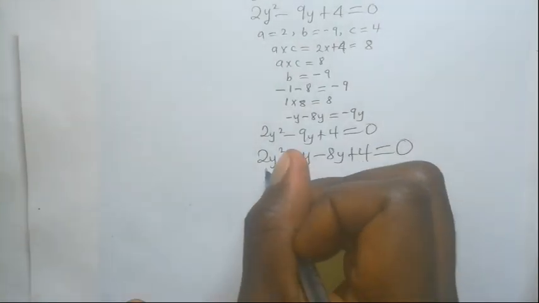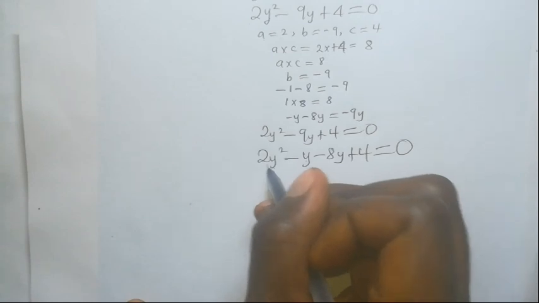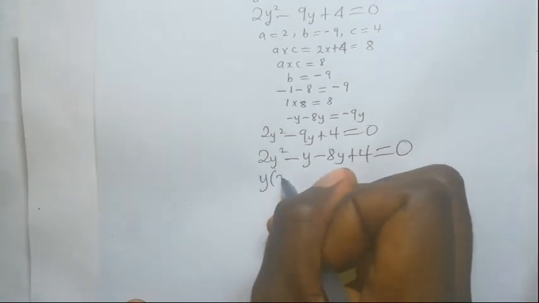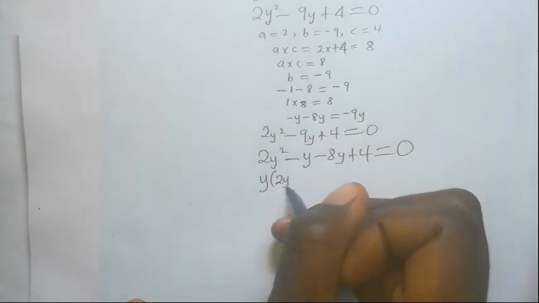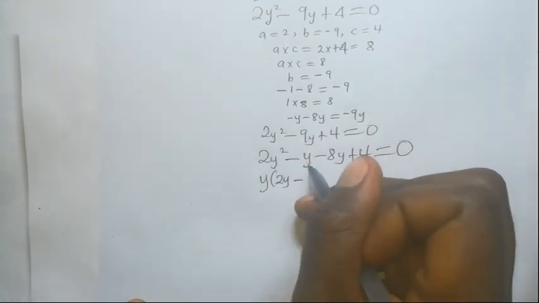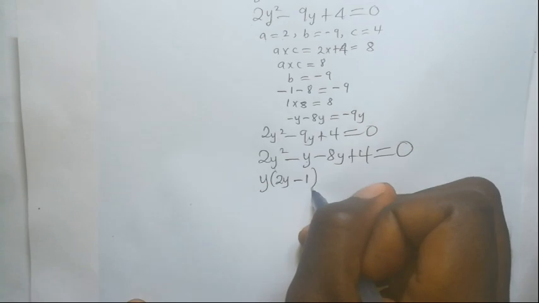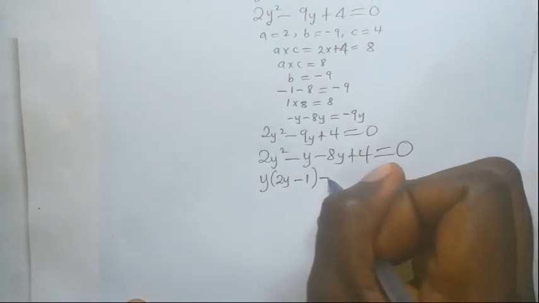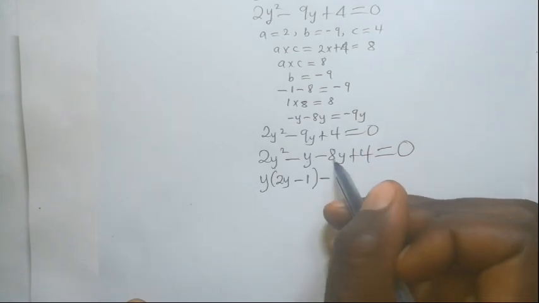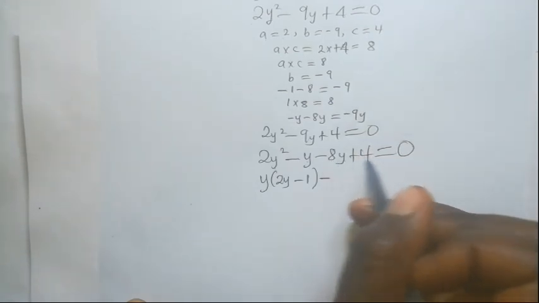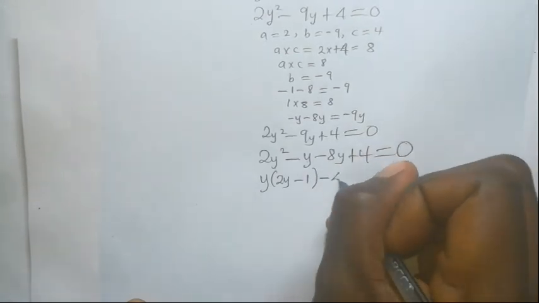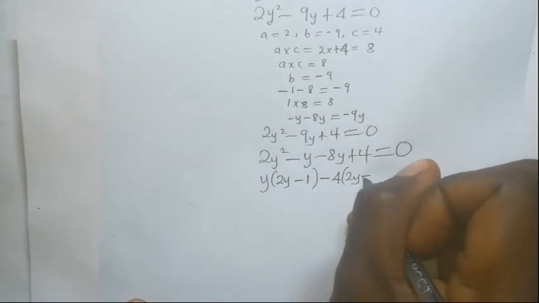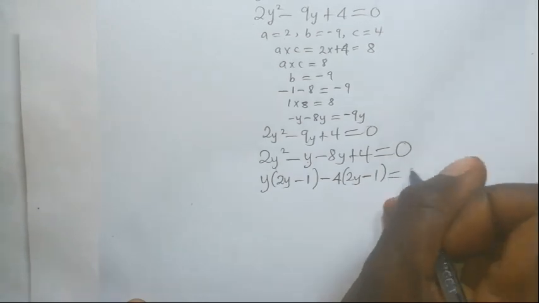You see, we have y, so we can factorize y out here. So here we have 2y, because y times 2y gives us this. What is left here should be 1. We now have minus, you see, we have 8, we have 4. We can factorize 4 out, so we have minus 4 bracket 2y minus 1 is equals to 0.